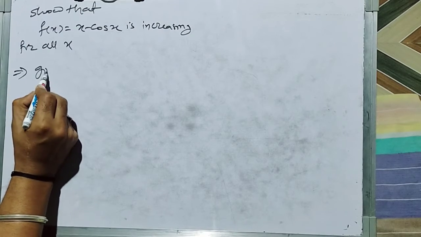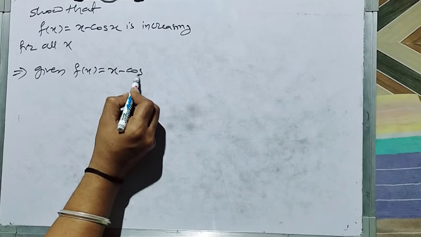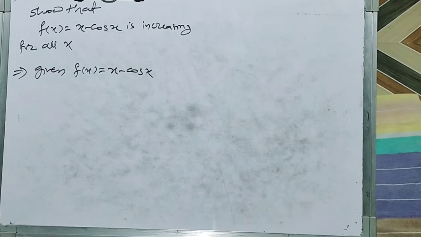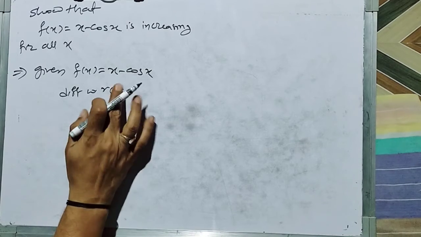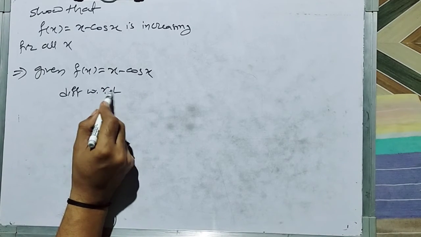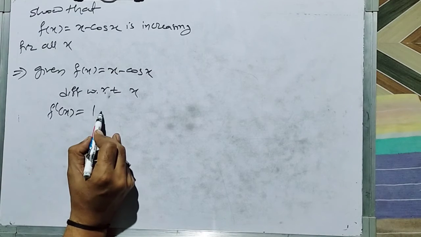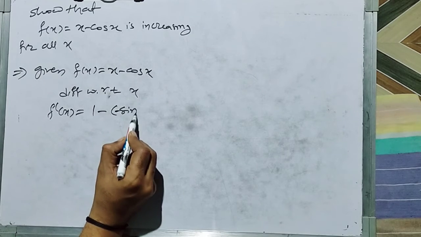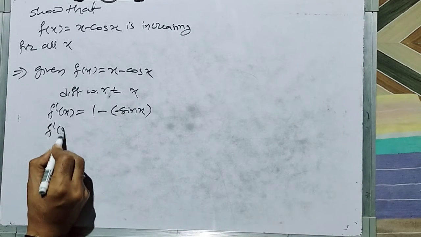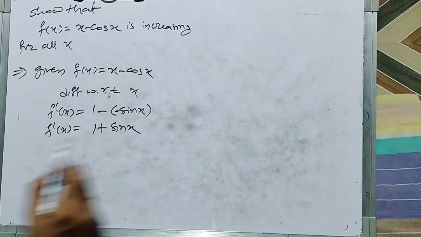So here given f of x is equal to x minus cos of x. So differentiate with respect to x. So f dash of x is equal to derivative of x, which is 1, minus derivative of cos of x, which is minus sin of x. So here f dash of x is equal to 1 plus sin of x, call this 1.